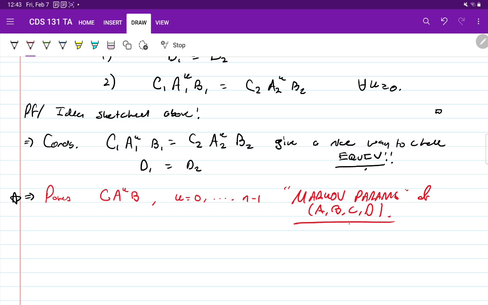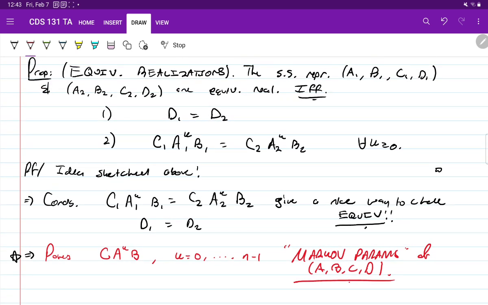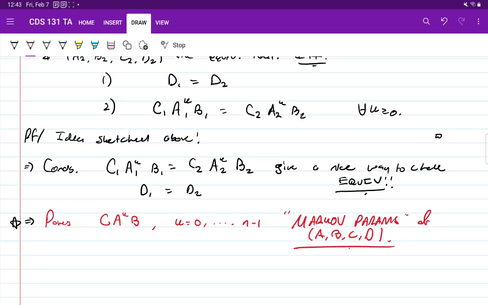So these Markov parameters entirely characterize whether we have an equivalent realization, in addition to the fact that D1 equals D2, right? So these uniquely determine whether a given realization will be the same as another one.